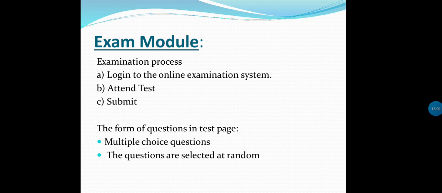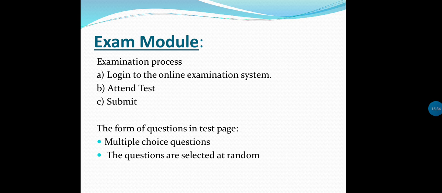Next, the particular pattern or form of questions in the test page, that is, what type of questions are placed in an online examination system. Most online exam systems are based upon MCQs, multiple choice questions, and most online examinations are conducted through the multiple choice questions pattern only.